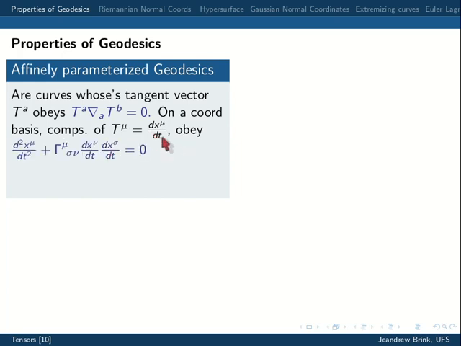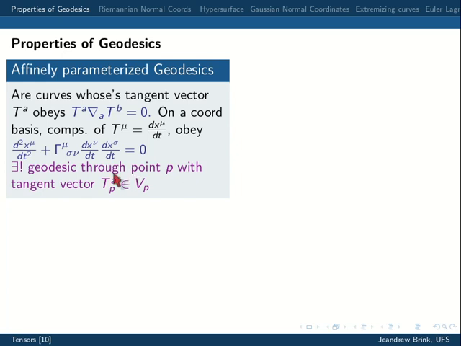If you substitute that into this expression, it is simply the second derivative of the coordinates with respect to the parameter plus your Christoffel symbols, or your connection, contracted with the first derivatives of your coordinates. Okay, so those are geodesics.